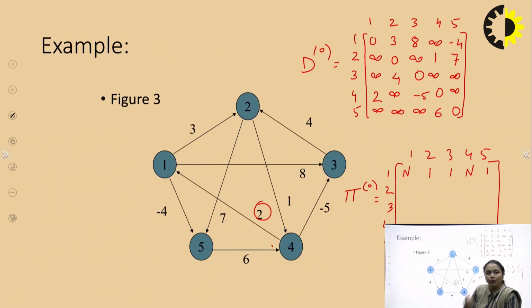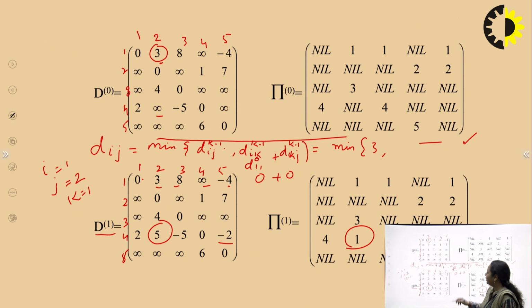So using 1, can we reach 5? 4 to 1 and 1 to 5, yes, we can reach. 4 to 1 cost is 2 and 1 to 5 cost is minus 4. So 2 plus minus 4 is minus 2. So by paying minus 2, we can reach 5 using 1. So we will write minus 2 here, and its parent will also change, that is 1.